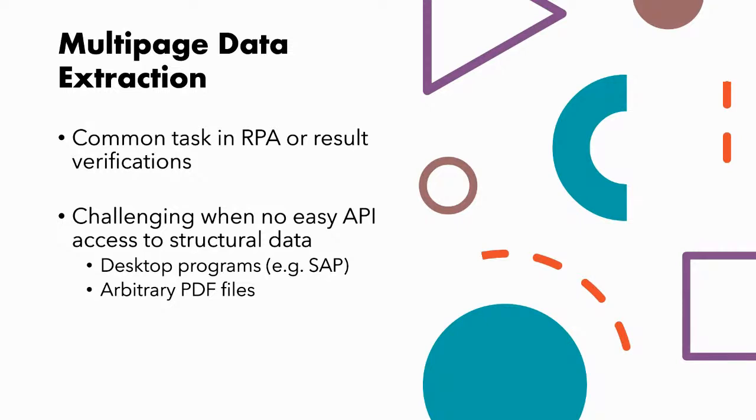And this may be challenging when we don't have an easy or not at all API access to structural data, which may occur, for instance, with desktop programs, SAP being an example that has a lot of tables and lists, or just arbitrary PDF files that you need to extract data from and move to another system.